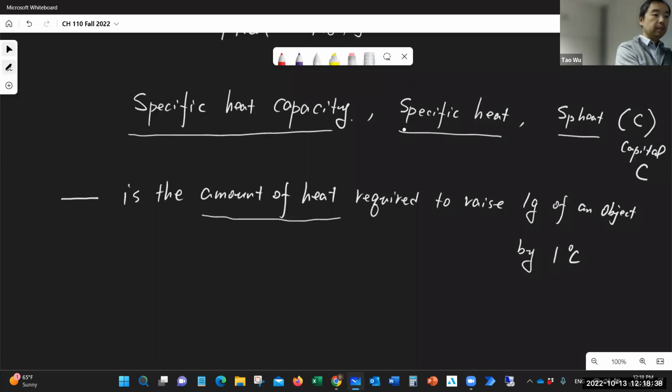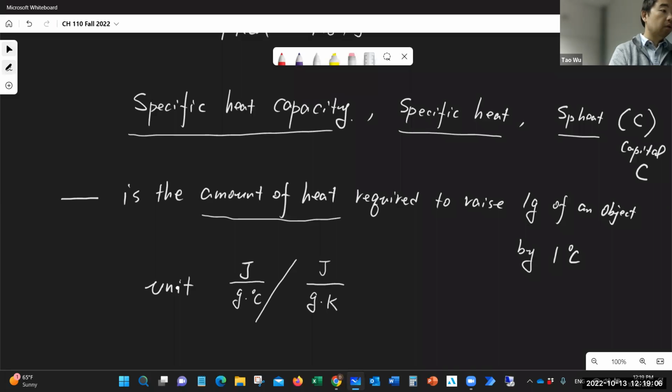And the specific heat has a unit. This one is a combined unit: joule divided by gram divided by Celsius, or joule divided by gram divided by Kelvin.